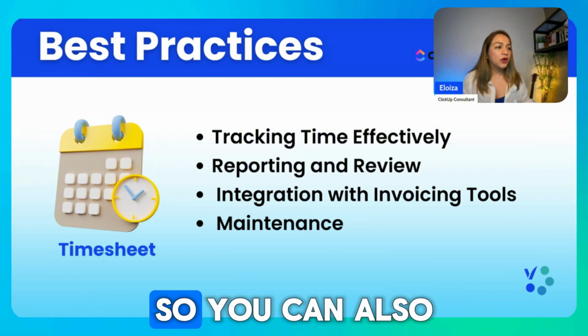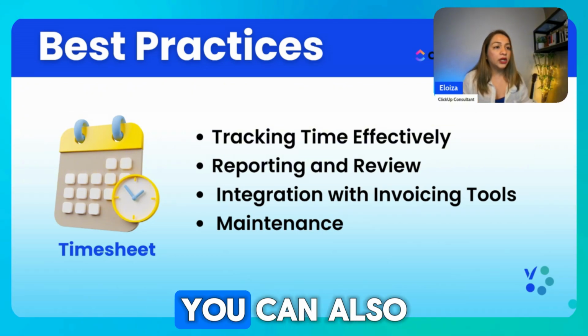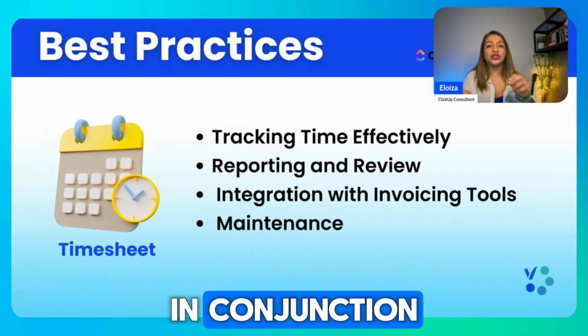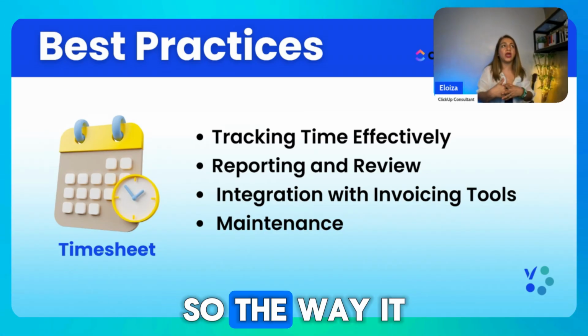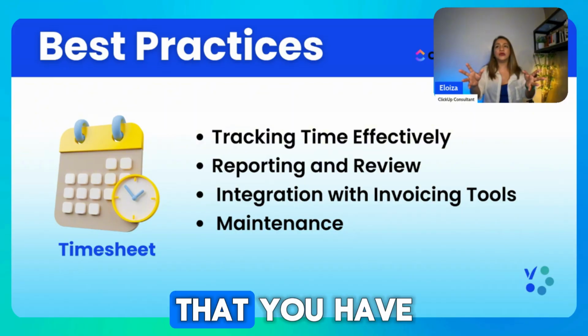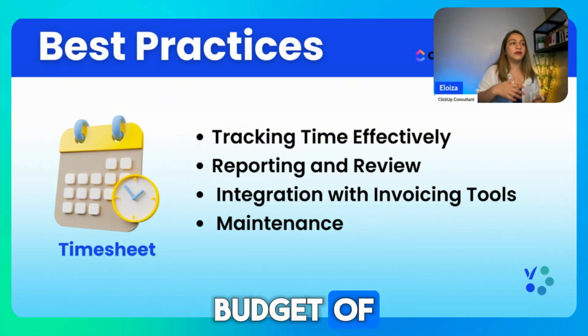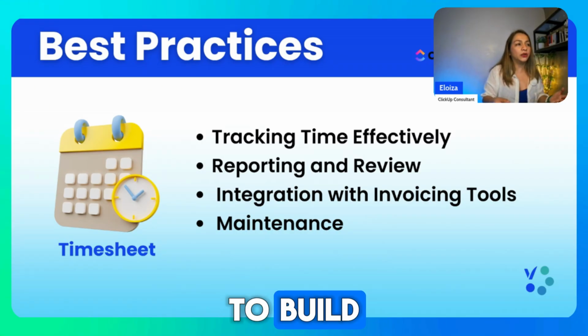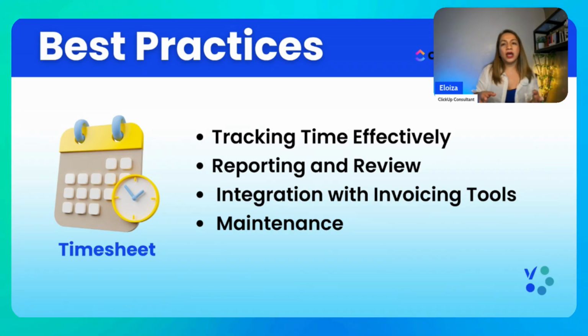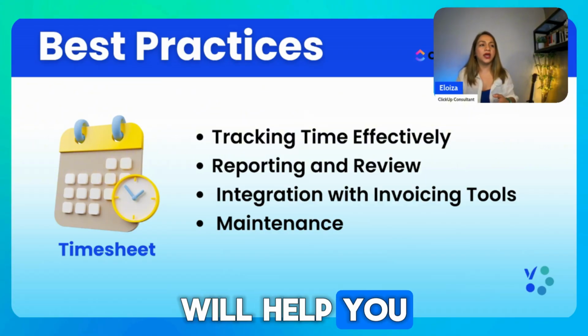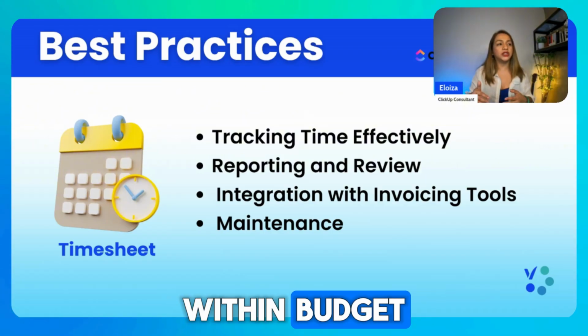All right. You can also use time estimates in conjunction with time tracking. The way it works is, let's say you have a budget for a project. Let's say it's a web design and you have a budget of 100 hours to design this website. The time tracking will help you make sure that you are still within budget.